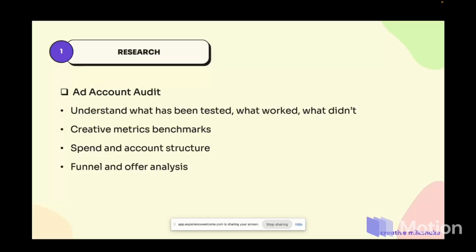The creative is doing the job of filtering the audience and resonating with a selective audience. So just because the hook and CTR are low, it doesn't mean it's not going to have a very powerful conversion rate, because it's doing the job of the targeting. The creative is your targeting. So understanding those benchmarks is key.